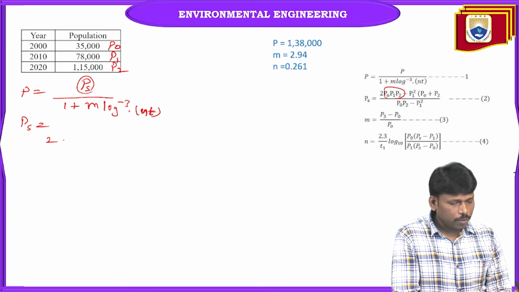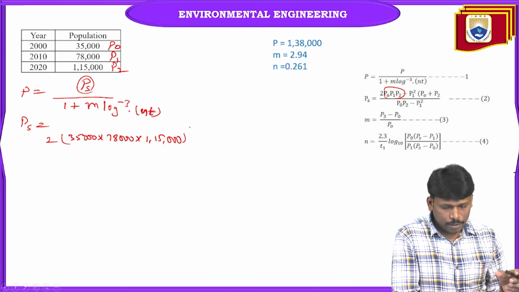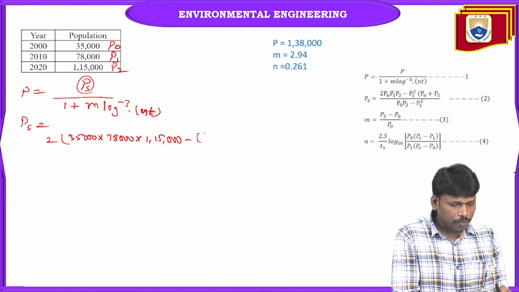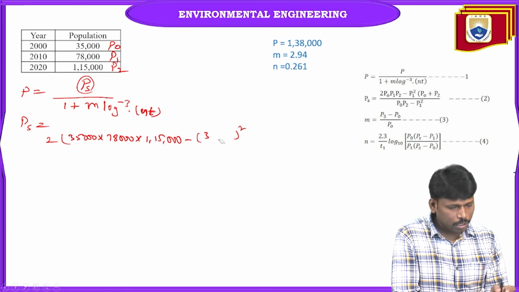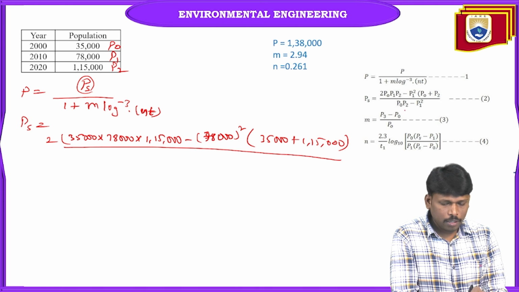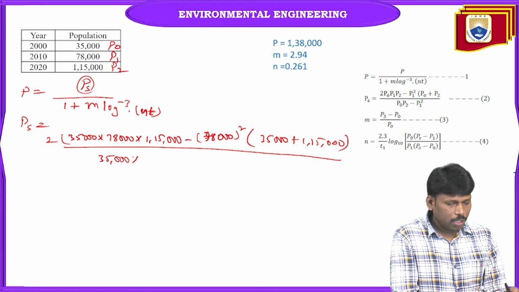If you substitute here, you will get 2 into 35,000 into 78,000 into 1,15,000, minus P1 square, nothing but 78,000 whole square, then into P0 plus P2, that is 35,000 plus 1,15,000, divided by P0 times P2 minus P1 square.